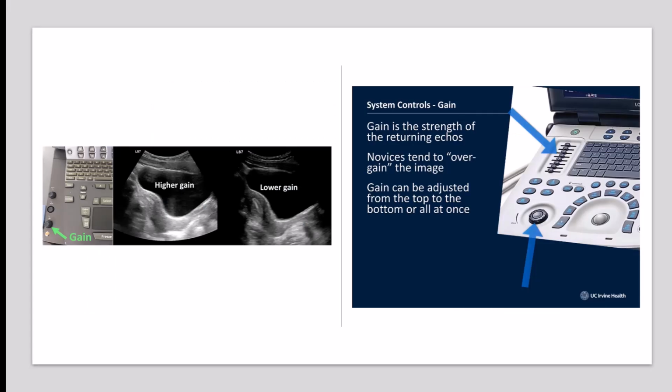To the left, we can see the difference between high and low gain, the difference in the amount of information we're able to see. Gain is the strength of the returning echoes, and novices tend to overgain the image. But gain can be adjusted from the top to the bottom or all at once to enhance the image.